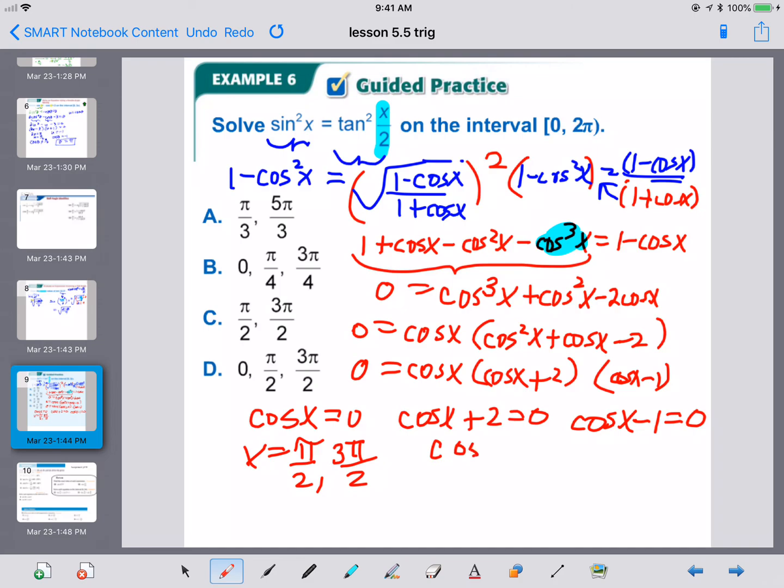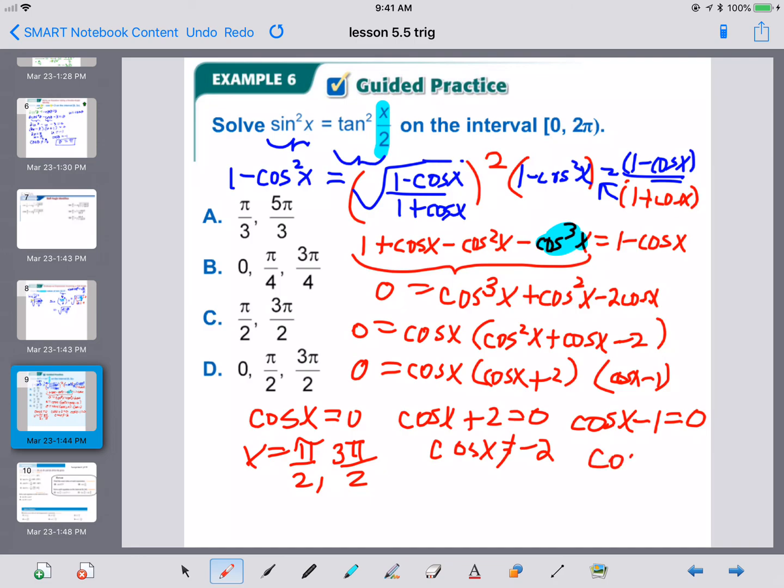The second equation gives me that the cosine of x equals negative 2. That will never happen. Remember, the cosine is always stuck between positive 1 and negative 1. So negative 2 is out of the possibilities for a cosine. If you tried to inverse that on a calculator, if you hit second cosine or inverse cosine of negative 2, it would say error, and that's why.